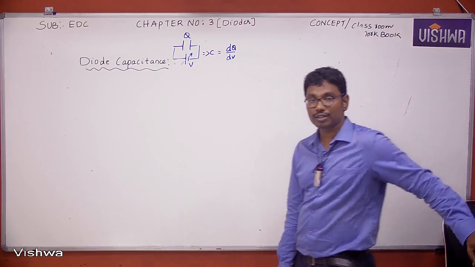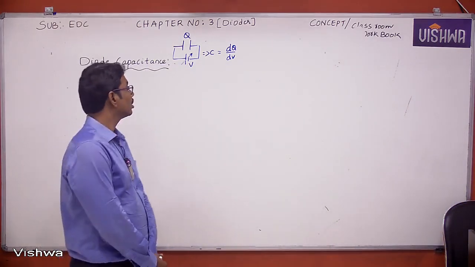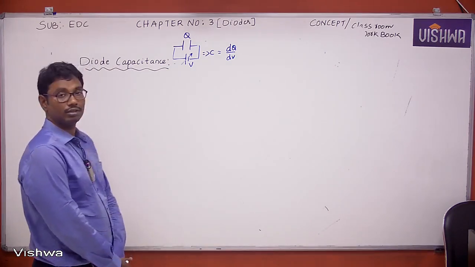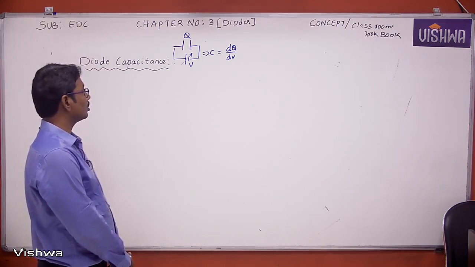The rate of change of charge with respect to applied voltage is called capacitance. That is, C equal to dq by dV.